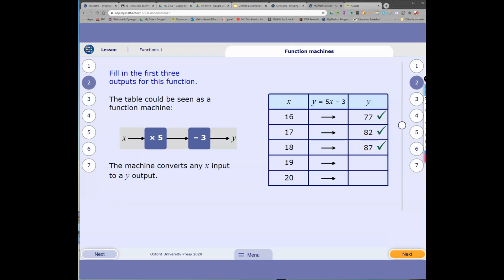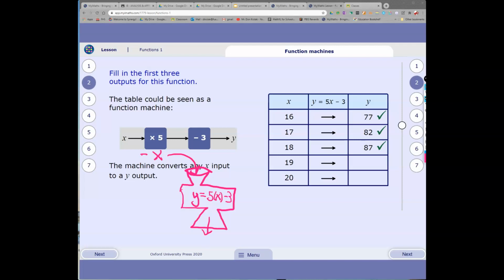So sometimes a function is described as a machine. It's a machine that takes an input value and creates an output value. So this is my crude drawing of a machine. A number goes in, the function takes the number, does this to it, and then the output of that number is your y value.